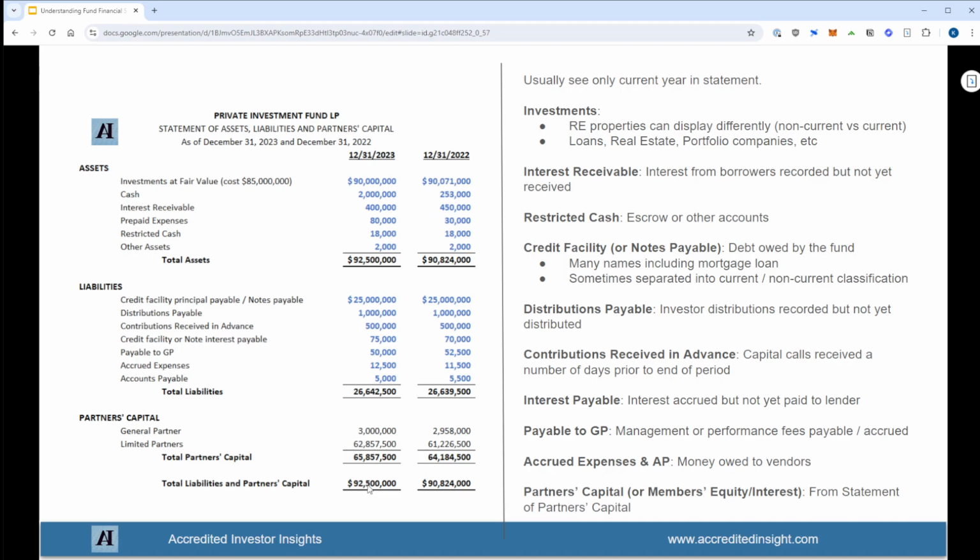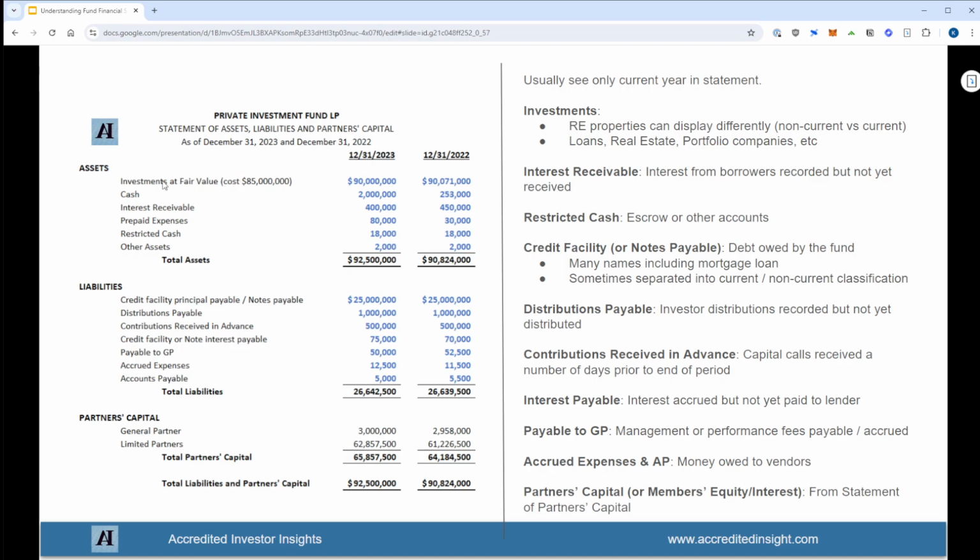So both sides need to equal. A way to think about this is the assets section is everything the fund owns. The liabilities are the claims on those assets, and the partners' capital is the equity remaining, right? It's kind of like the plug figure, what's left over for the partners and owners.